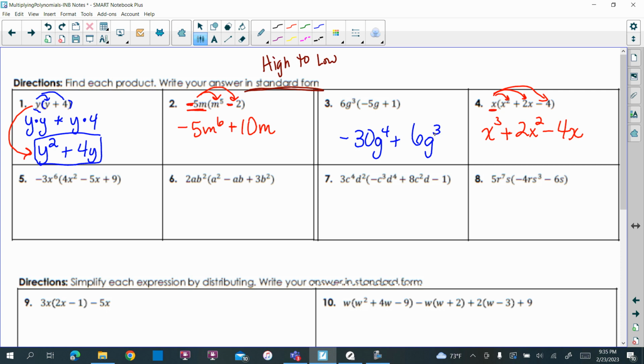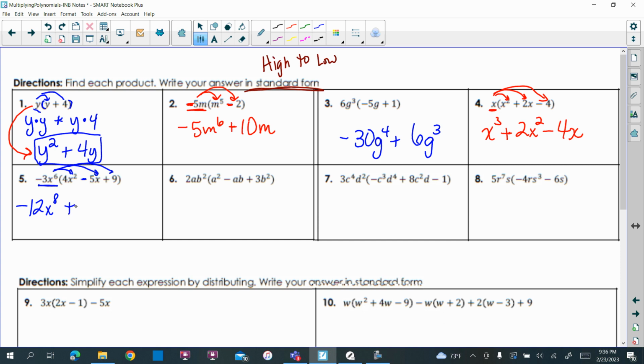Now on 5, same thing. We're taking our binomial, the negative 3x to the 6th power, and we're distributing it to each term. So hippity hoppity distributive property. So this gets simplified as a negative 12x to the 8th power, because we do 6 plus 2. A negative 3 times, don't forget that sign, that minus 5 is like a negative 5.